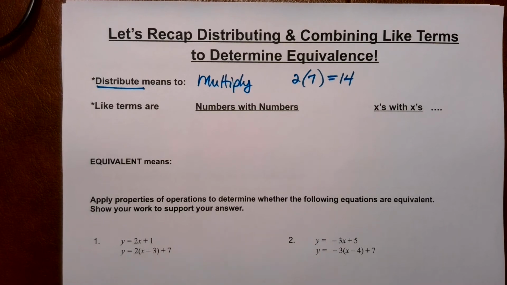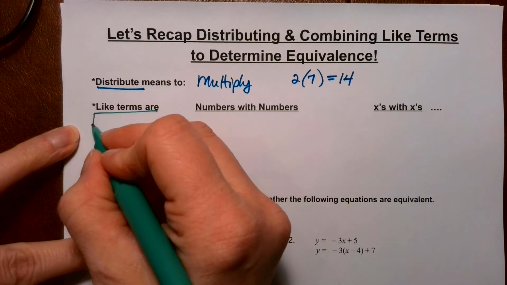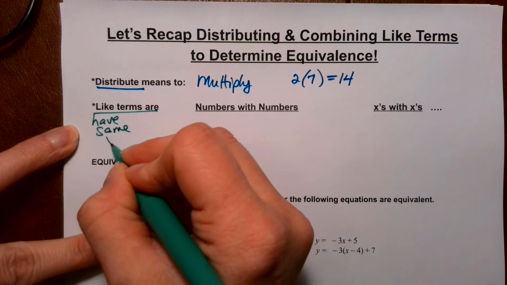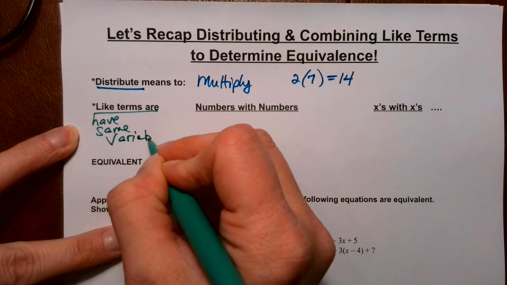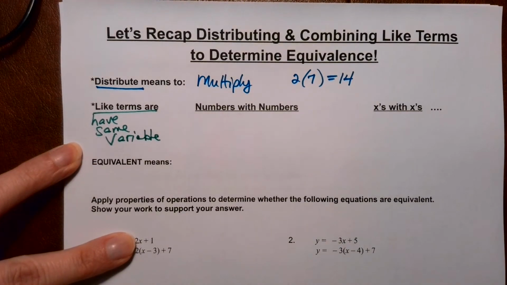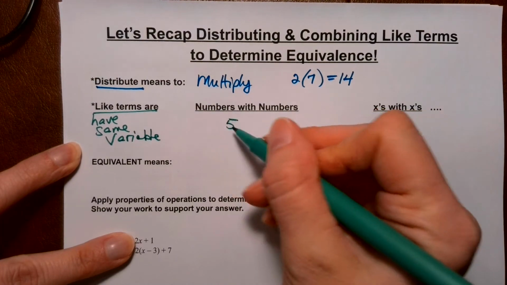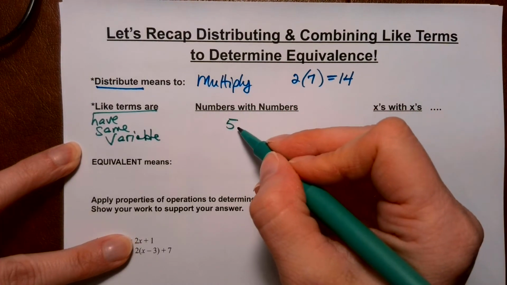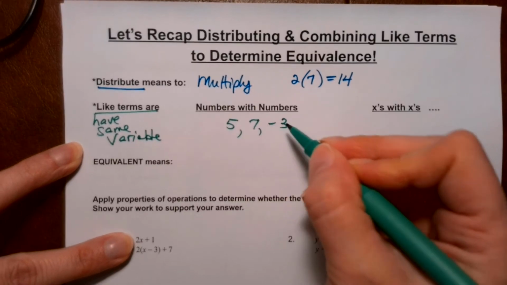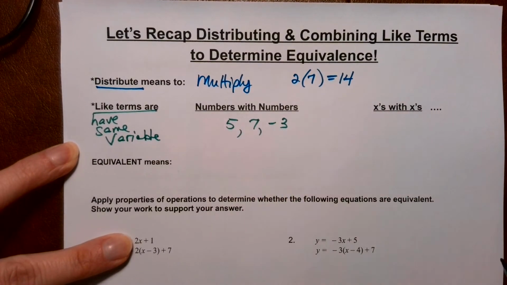Like terms have the same variable, or maybe they don't have any variable at all, but they have to be the same. For example, the number 5 doesn't have any variable. That could get added to a 7, and that could get added to a -3. So numbers go with numbers.